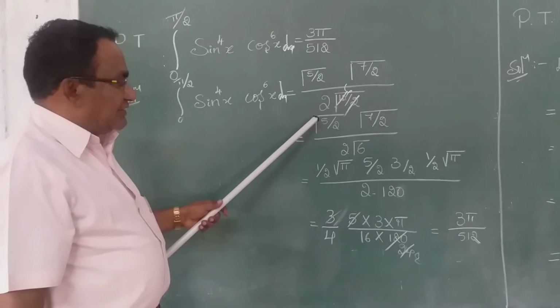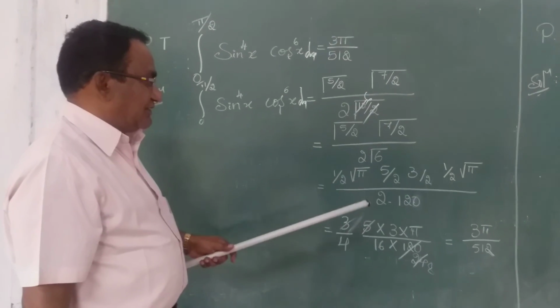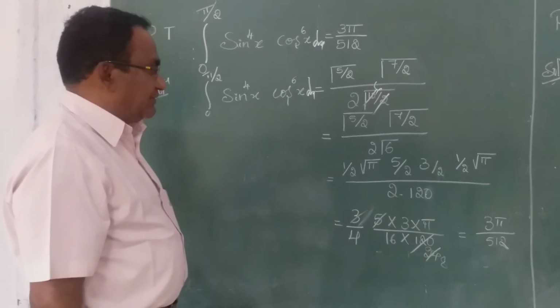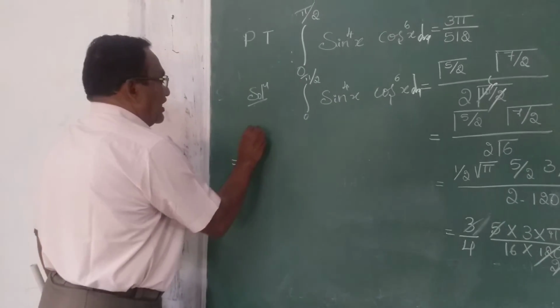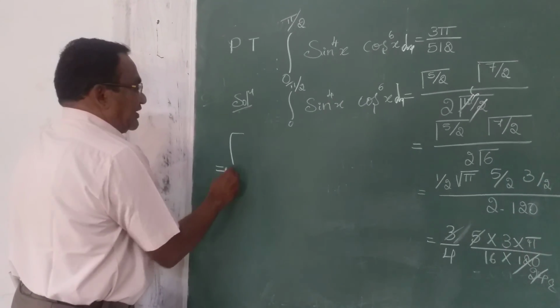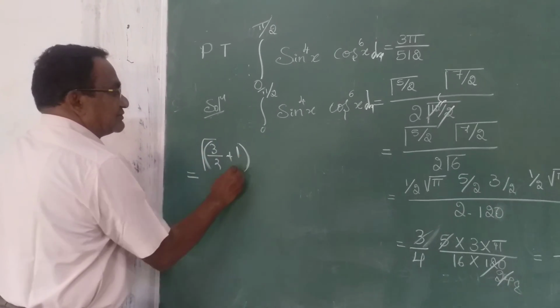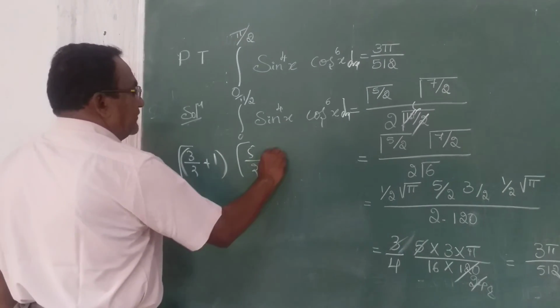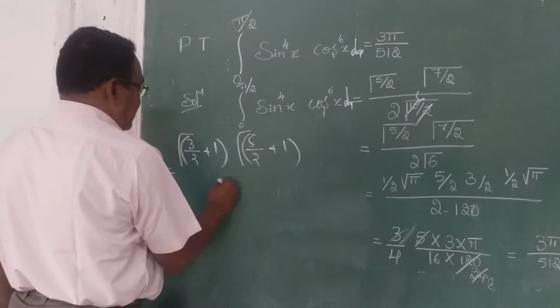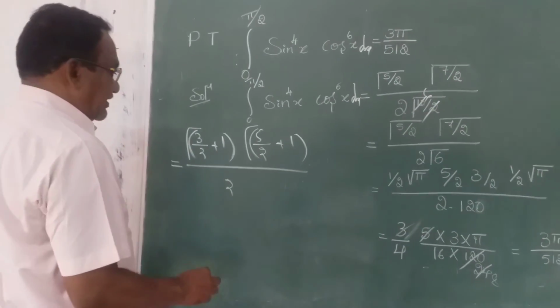It is gamma 6. And now this gamma 5 by 2 may be written as gamma 3 by 2 plus 1, and gamma 7 by 2 may be written as gamma 5 by 2 plus 1, divided by 2 into gamma 6.